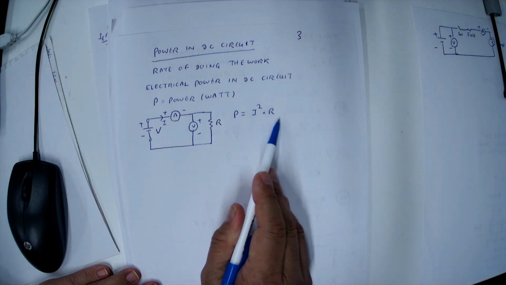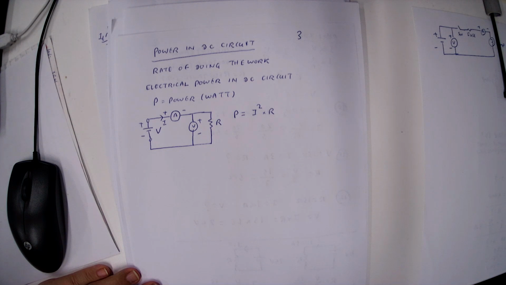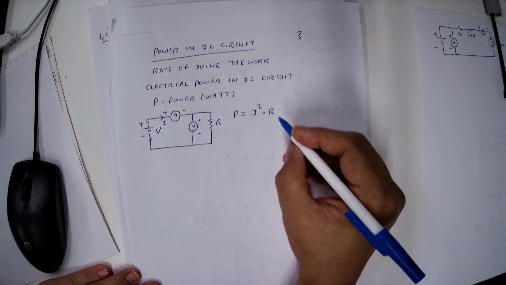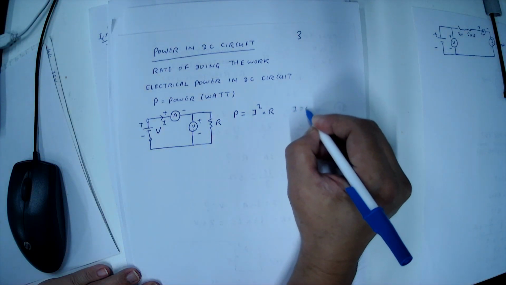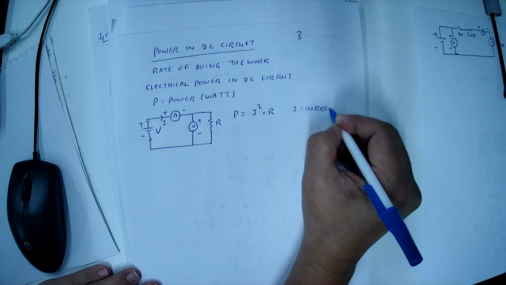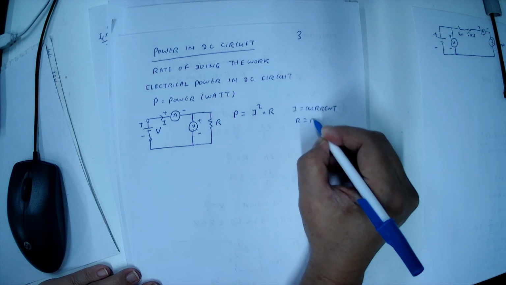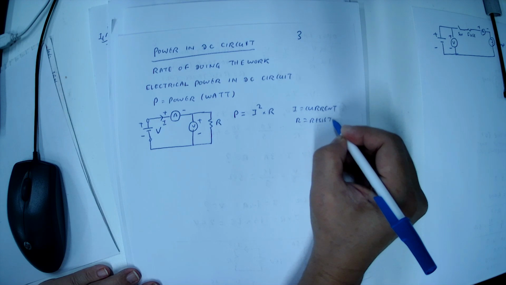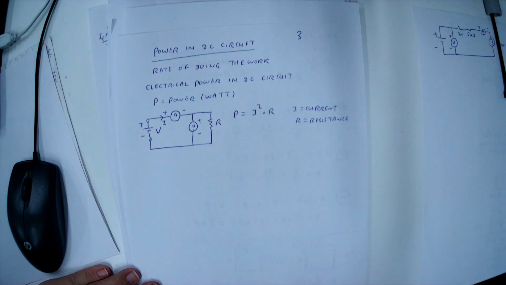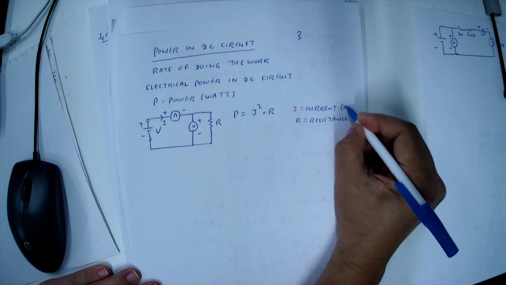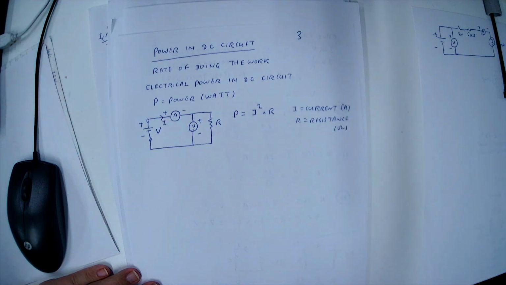P equal to I square multiply R. So I is current, R is resistance. Current unit is ampere, resistance unit is ohm.